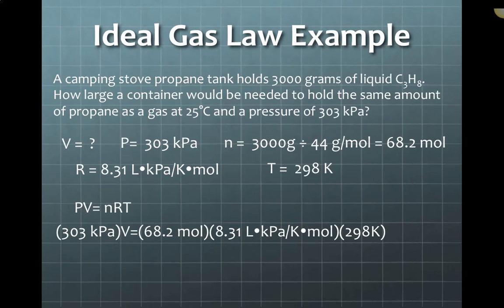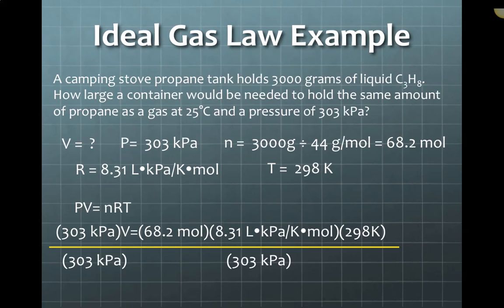Once I identify all my variables, I'm going to go ahead and plug those in. So there's my pressure times my volume. There's my moles, my universal gas constant, and my temperature. So how are we going to solve for the volume? We're going to do that by dividing both sides by 303 kilopascals. And hopefully you can see that the 303 kilopascals will cancel, but we have a lot of things happening to our units on the other side as well.